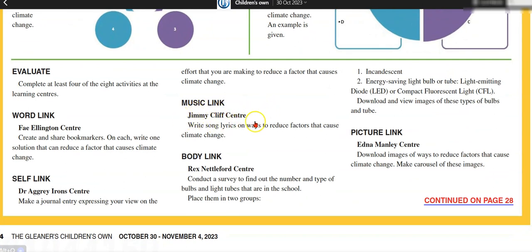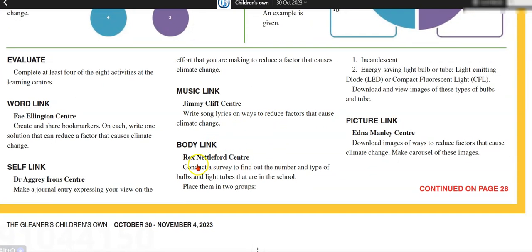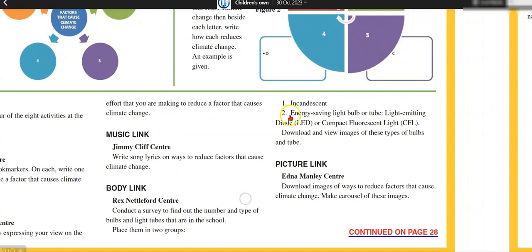Music link, Jimmy Cliff Center, write song lyrics on ways to reduce factors that cause climate change. Body link, Rex Netleford Center, it says conduct a survey and find out the number and types of bulbs and light tubes that are in the school. Place them in 2 groups, 1 incandescent and 2 energy saving light bulbs or tubes, light emitting diodes or LEDs, and then compact fluorescent lights or CFLs.